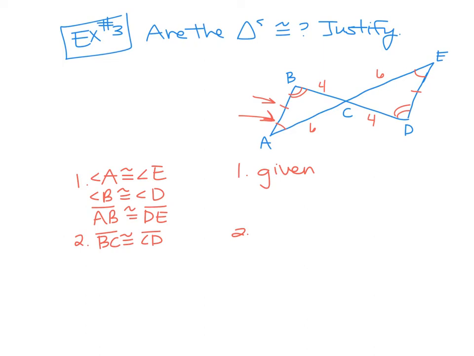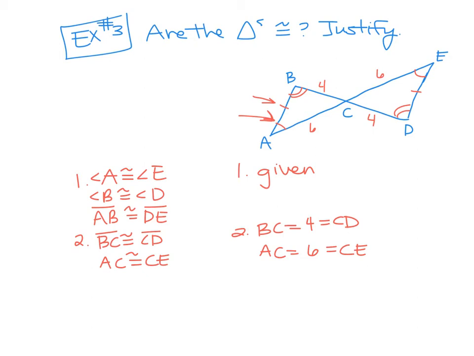So all you have to say here is that BC equals 4 and so does CD. Okay, they both equal 4 is your reason. Technically it's not given because it's not marked with the hash marks, okay? In that same step, I'm going to lump with it the AC congruent to CE because AC equals 6 and so does CE. Okay, so you can call that step 3 if you want, or we can just lump it as step 2. It doesn't really matter.